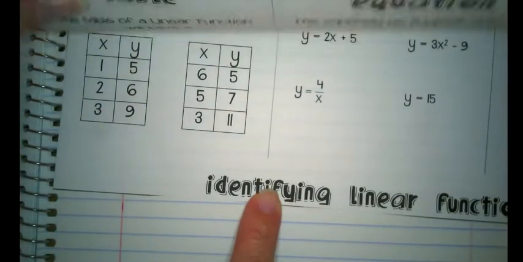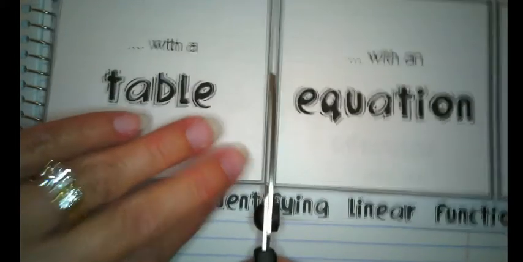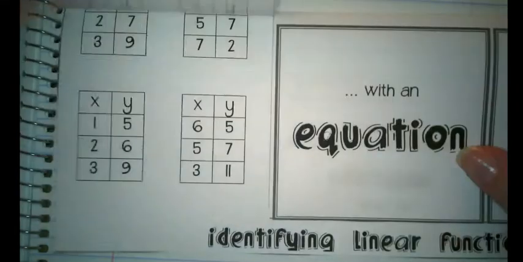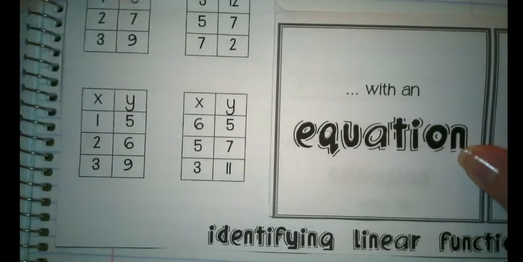So you can see the identifying linear functions, and then it will lift up. You don't have to do this now, you can do this later, but just cut on the top one so that you have like 3 little doors that will open up.